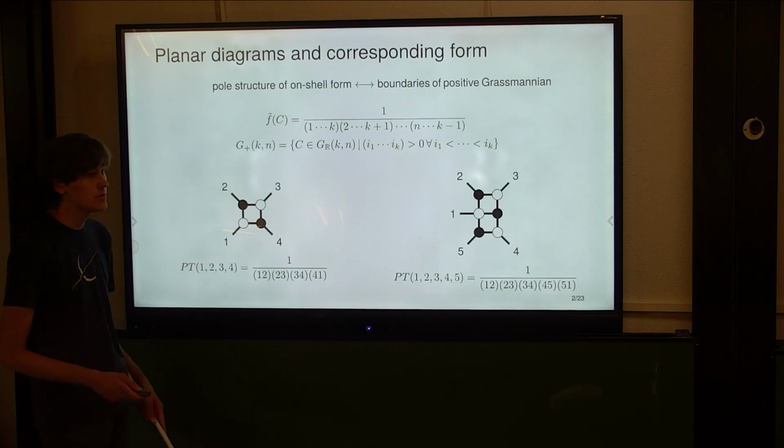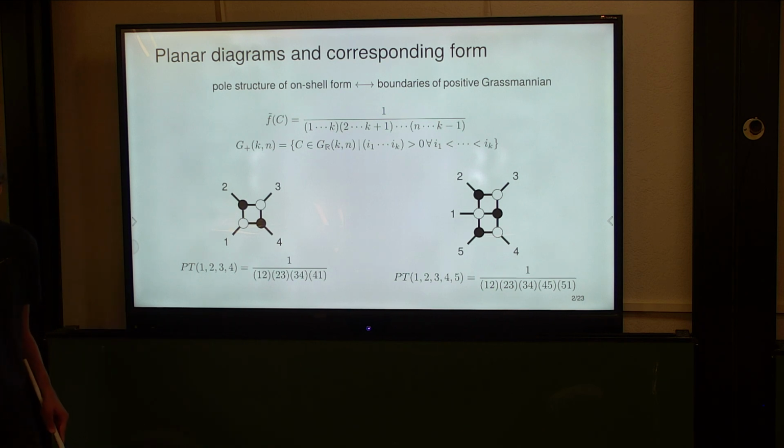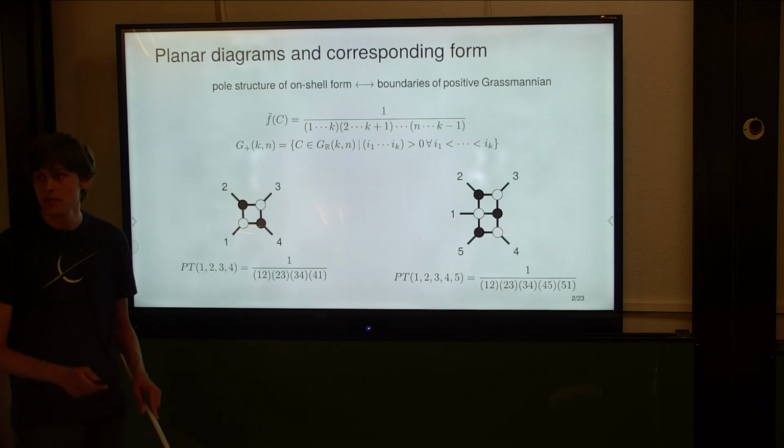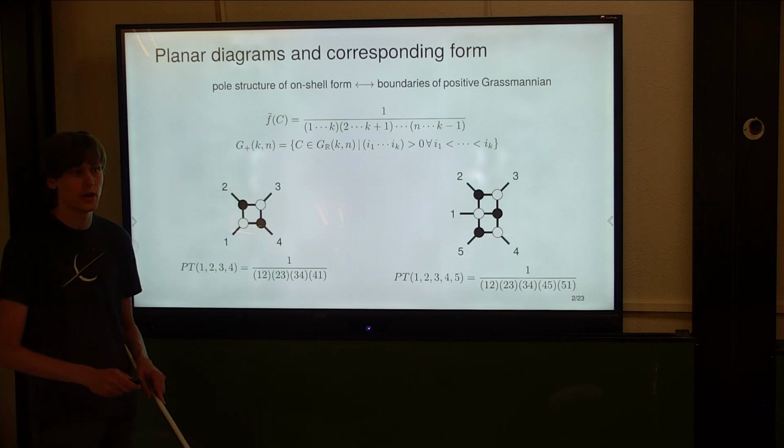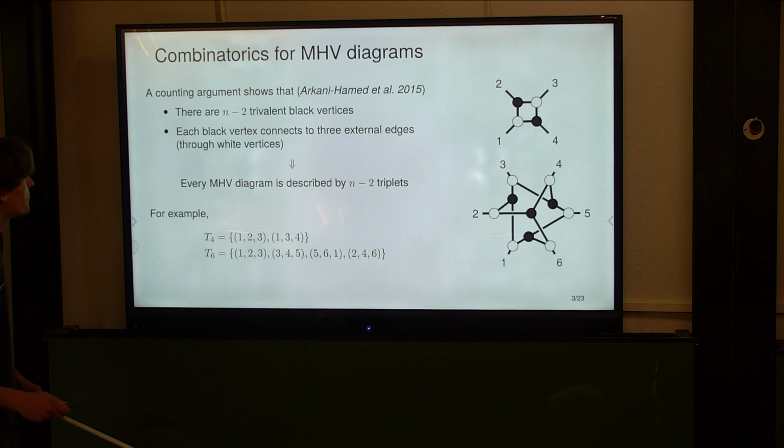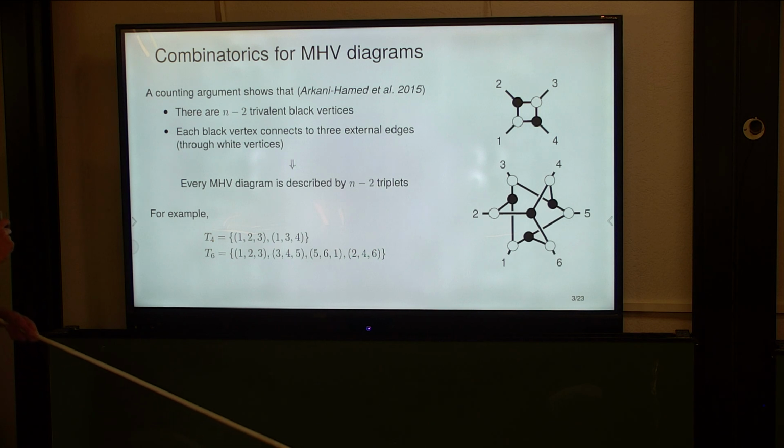What we would like to do is to generalize these ideas to non-planar diagrams, and to make sure that's not too hard for us, we'll stick to the MHV case, where things simplify a lot because it's a lot more restricted. The nice thing about the combinatorics of MHV diagrams is that you can describe the entire diagram very straightforwardly by just looking at the black vertices.